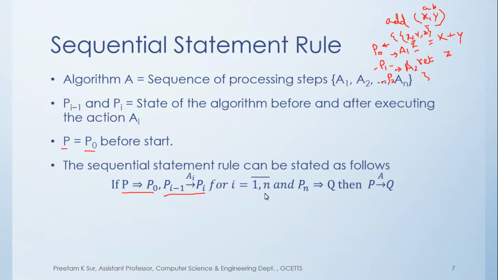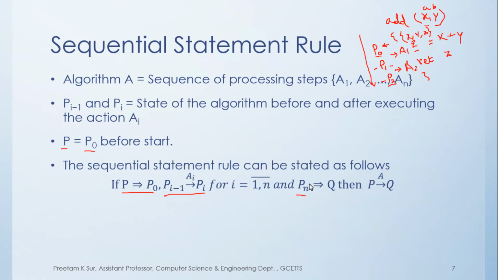And then what will happen? If we start with p0 and this occurs for all the n statements in the algorithm, we will come to a state which is basically pn, right? If you look at this example, we have two statements, a1 and a2, and we start with p0 and come to a state p2, which is the end state of this algorithm.